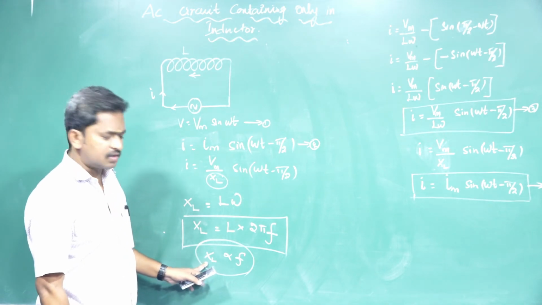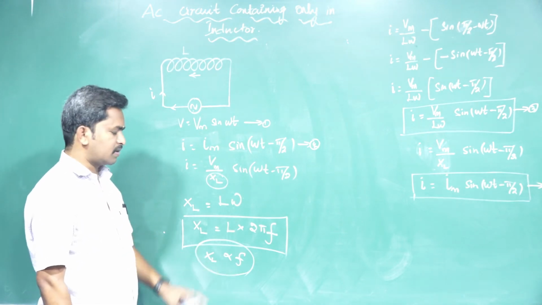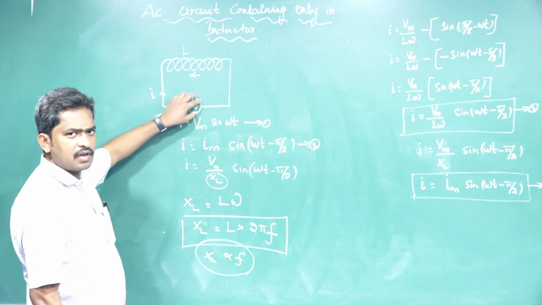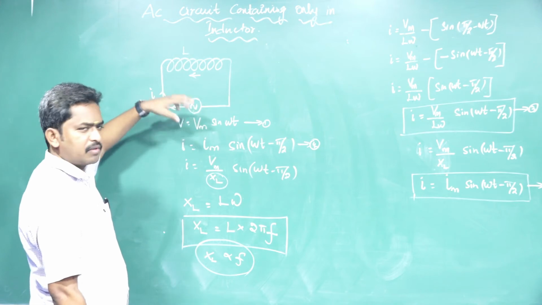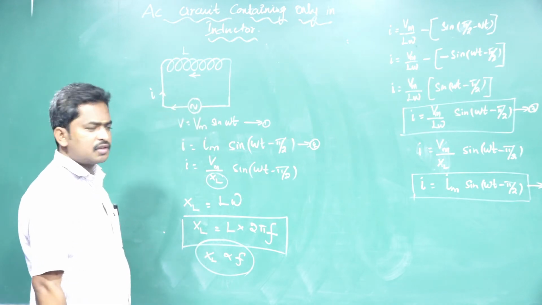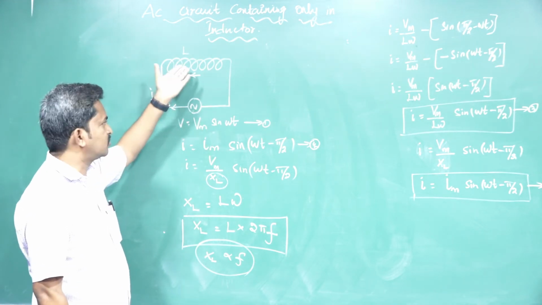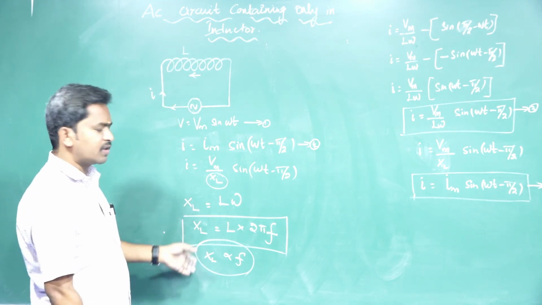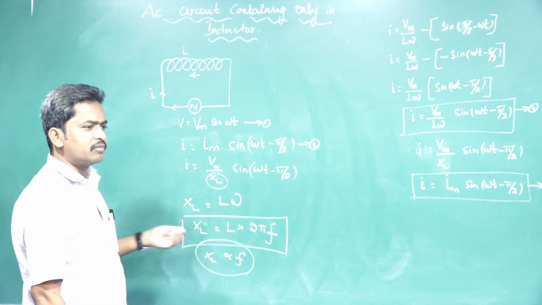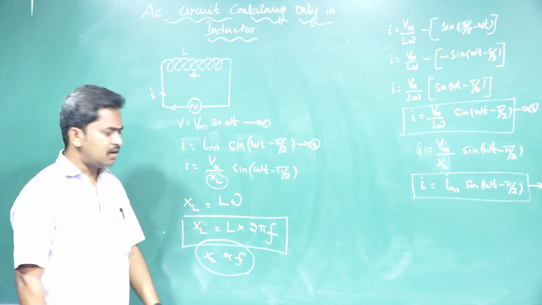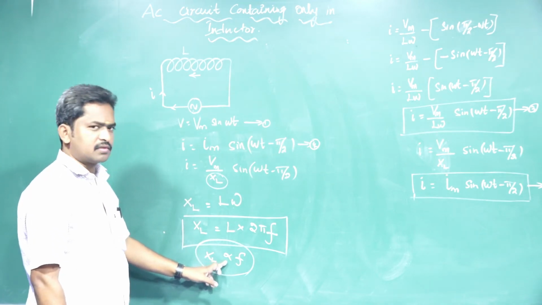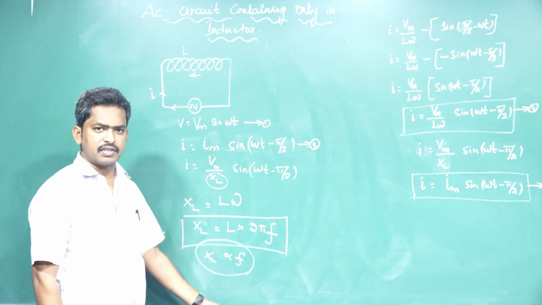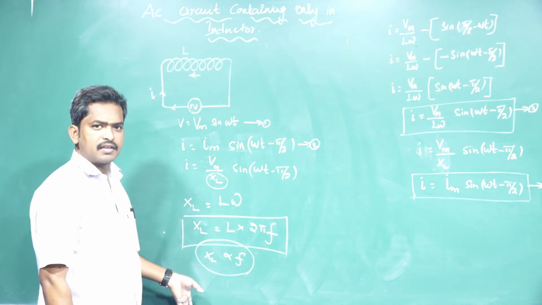In an alternating circuit, in each and every half cycle the magnetic flux changes, so the magnetic field also changes. So that's why an induced EMF is developed in the coil. If frequency increases, resistance also increases. If frequency decreases, resistance also decreases.